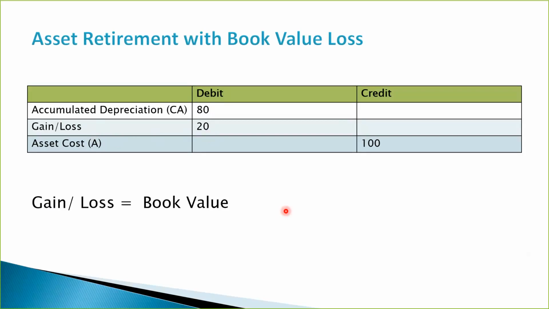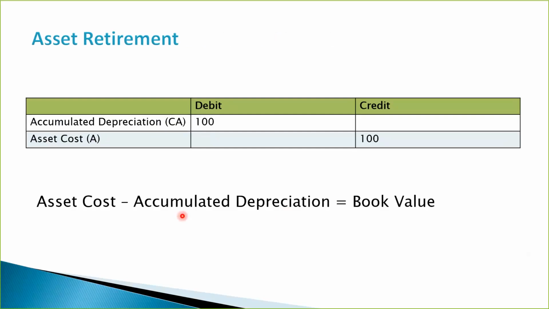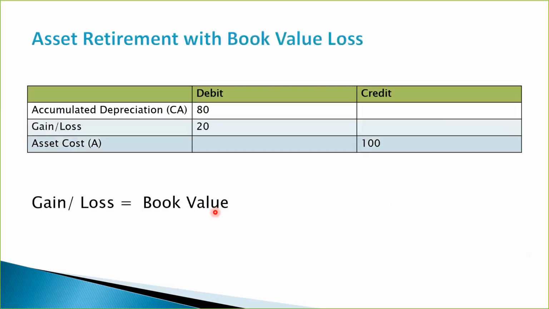The book value, remember we said, is asset cost minus accumulated depreciation. So asset cost minus accumulated depreciation is 20, which gives you your gain or loss. In this case, we have said it's a loss because we didn't expense out the whole cost of the asset.